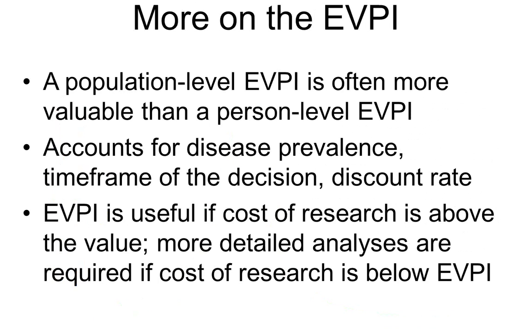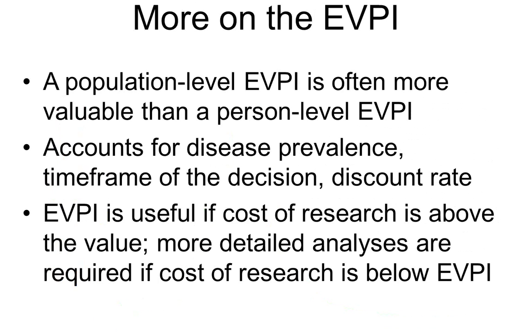So what I've shown you is the per person EVPI. Usually, what we want is the population level EVPI. And so it's the same sort of calculation, but now we want to include things like how prevalent the disease is, the time frame of the decision, the discount rate for the decision, and then we can calculate a similar curve. And I haven't shown you here just because of time, but if you download the resources, you can see how to calculate that.